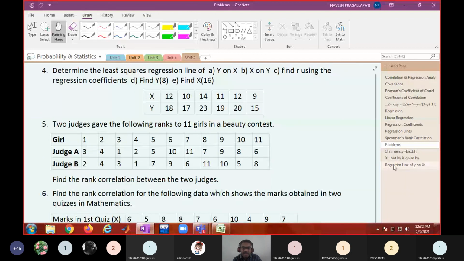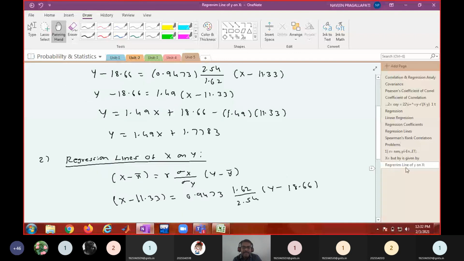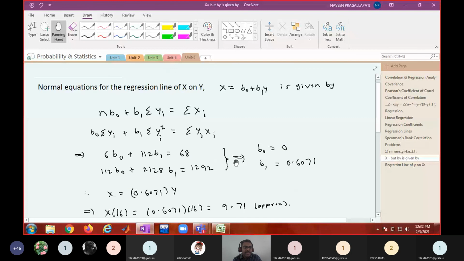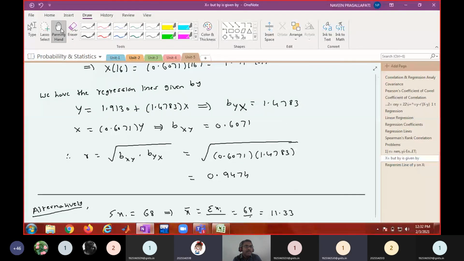The homework problem is, since you have the two regression lines and you have sigma x and sigma y, compute the angle between these two lines. Can you do that? You have two regression line equations. How do you find this? What is M1 here? M1 is 1.4783. What is M2?